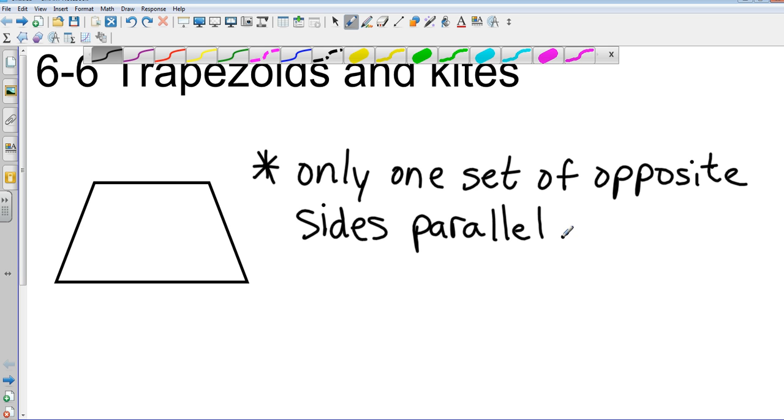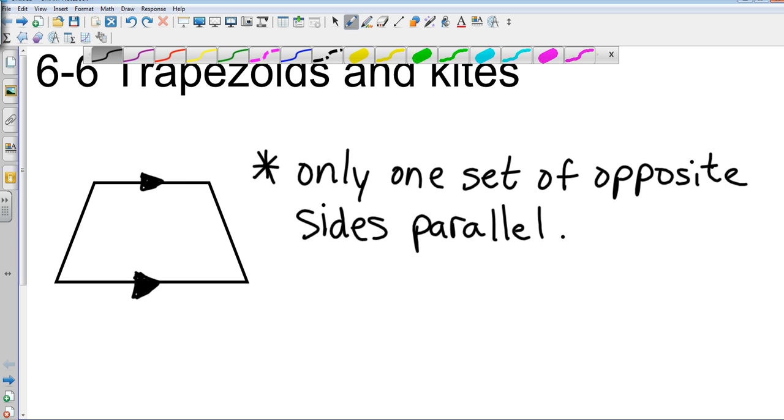So obviously in this case, this side is going to be parallel to this side. My great coloring job there. Okay, so those are the opposite sides that are going to be parallel. Because they're a little bit different, they do have specific side labels.